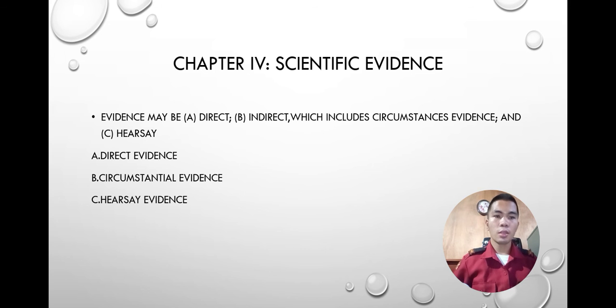Then the next is circumstantial evidence, the kind of evidence which seeks to establish a conclusion by inference from facts proven.